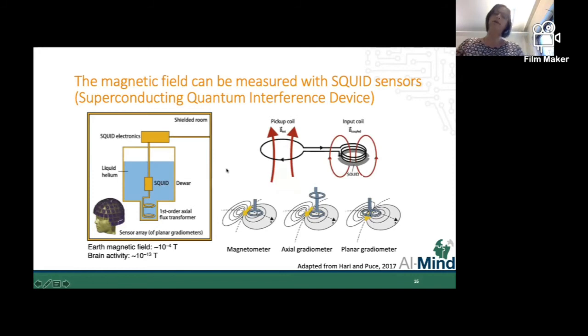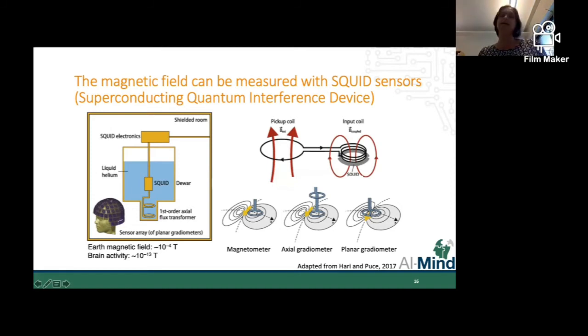Okay, so the SQUID sensors: we have systems that have different types of sensors. We call them magnetometers or gradiometers. Here, the SQUID in itself is the same, but what is different between our different sensors are the pickup coils. We need a pickup coil that brings the magnetic field to our SQUID sensor.